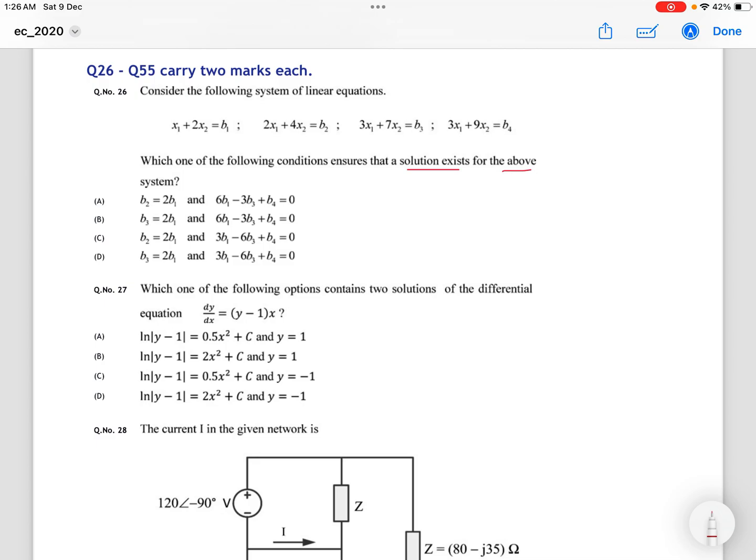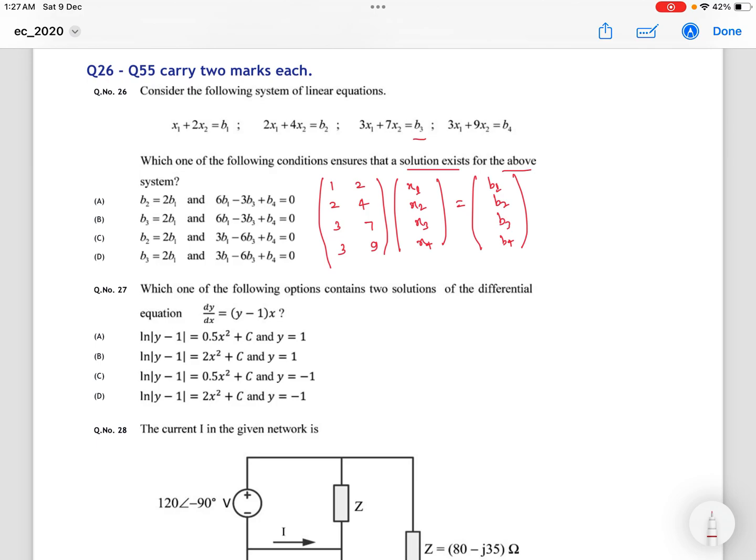So let's represent this equation in matrix form. Then we can have 1 2 2 4, 3 7 3 9, and with that we will have this x1, x2, x3 and x4, and on the right hand side we have b1, b2, b3, b4.